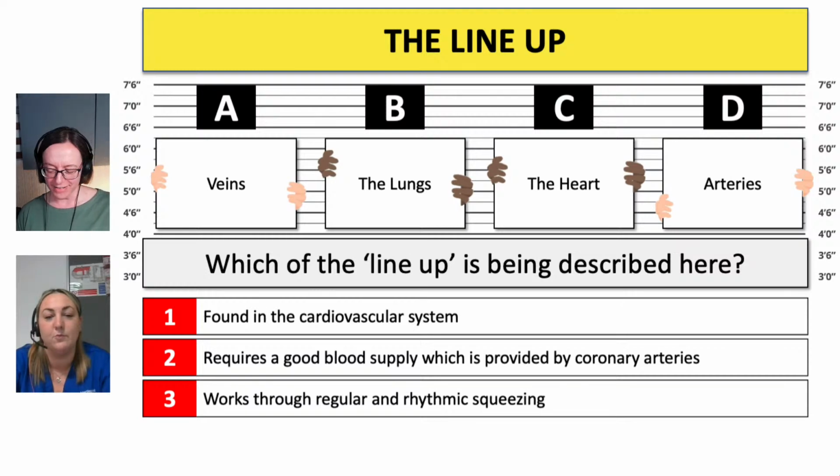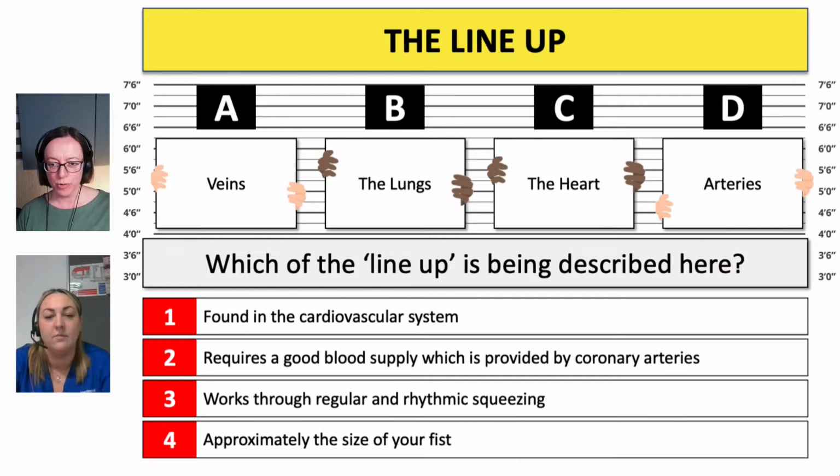Okay, let's go with the last clue: approximately the size of your fist. So your closed fist, put it up to the camera like that. This organ is approximately that size. Come on, someone at home must know this one. This is probably the easiest question of the night. Everyone's so shy, aren't they? Let's put them out of their misery.